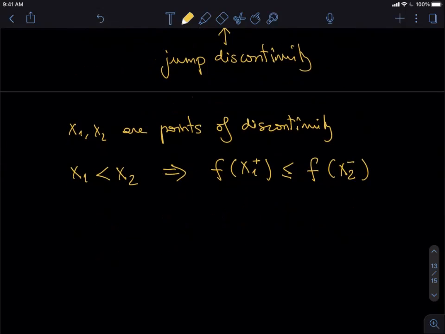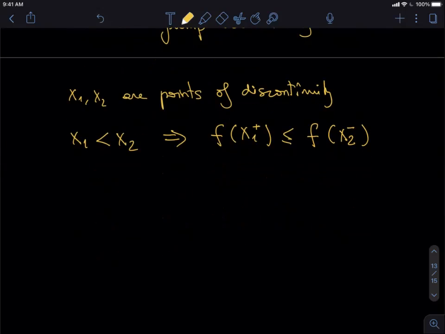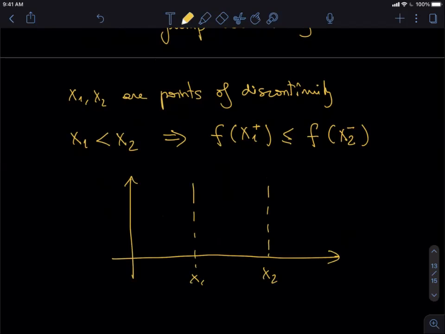And see what happens here. So let's say we have a function here. There we go. And it has two discontinuities. This is x1 and this is x2. So it goes like this and then jumps.